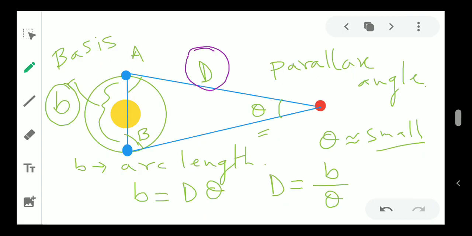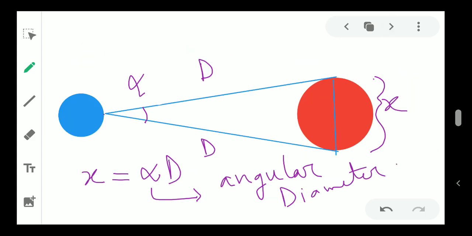For the first method I have to wait at least 6 months, so that I can come from one point of the orbit to the opposite point. For the second, from the earth only, at the same time I can take the observation and find the angular diameter, or the physical diameter, of that star. There are some examples in NCERT also, so try some of them.